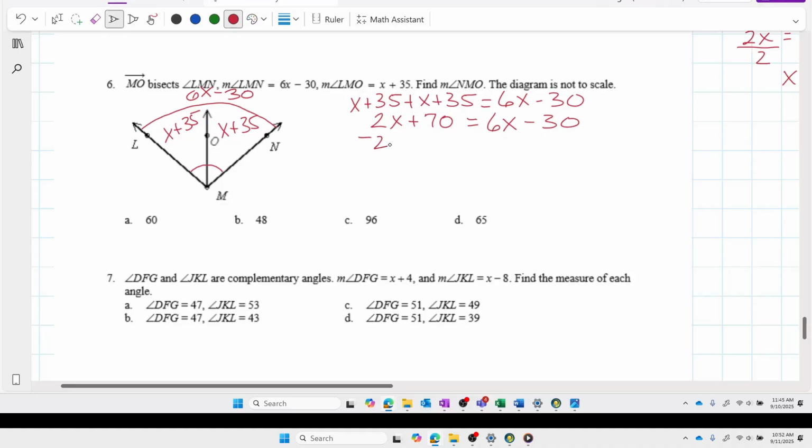So subtract 2x from each side. 70 is going to equal 4x minus 30. Add 30 to each side. So 100 equals 4x. And divide both sides by 4.